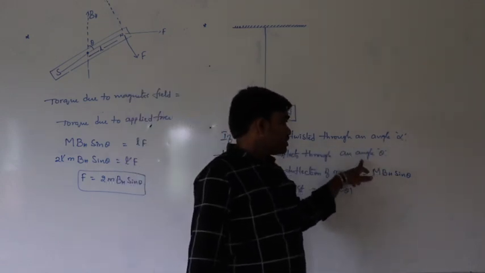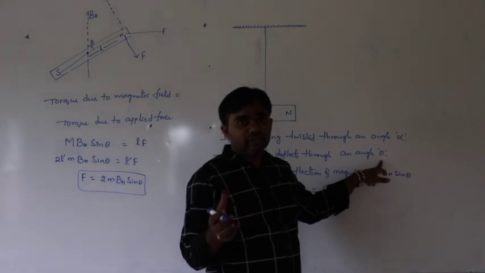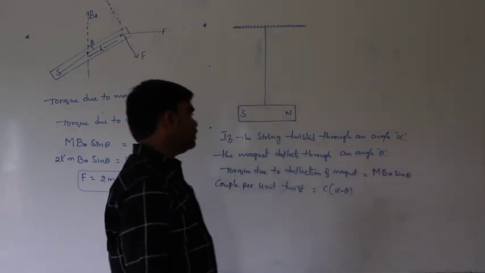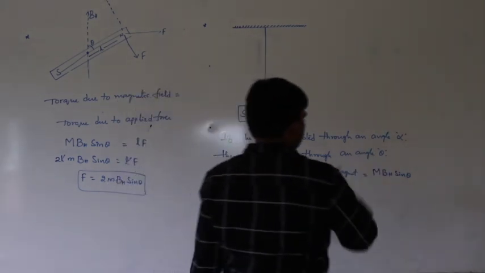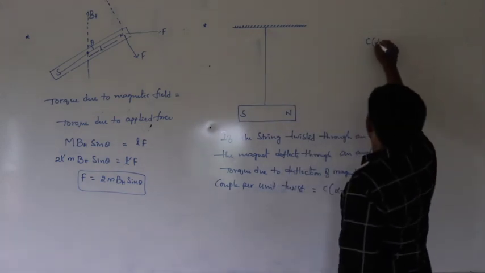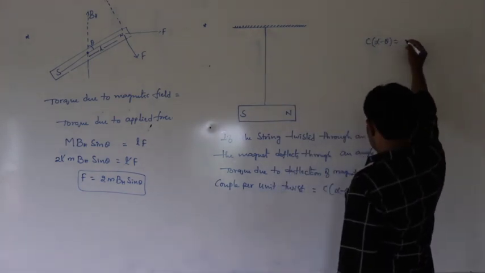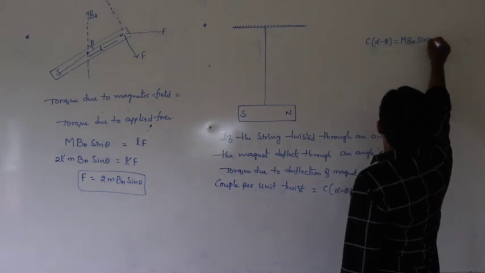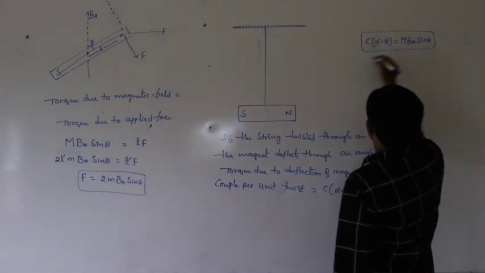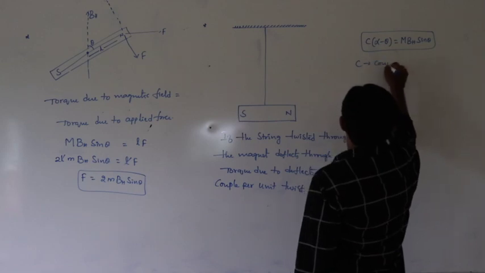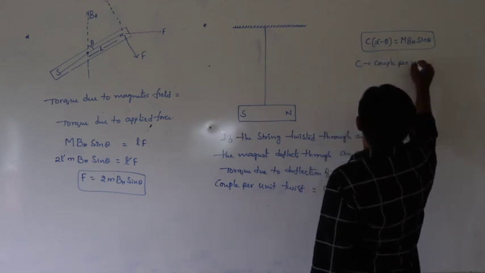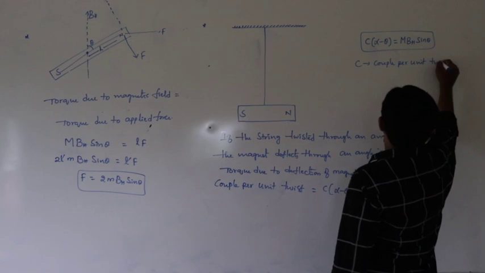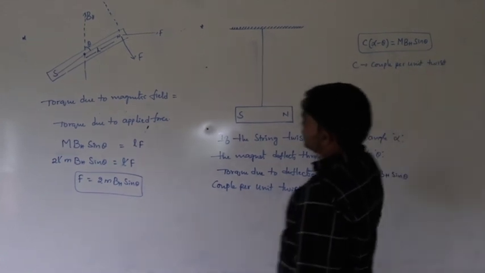Alpha. Due to that, how much angle did the magnet deflect? Theta. So, that is C into alpha minus theta. If C into alpha minus theta is equal to MBH sin theta, then this situation will happen, where C is called couple per unit twist.